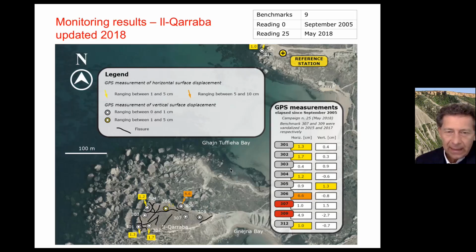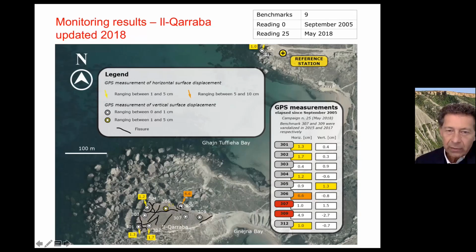This is a scheme that would like to show both horizontal and vertical displacement at different benchmarks, the benchmarks that we put on the plateau and that we are monitoring by GPS measurements.